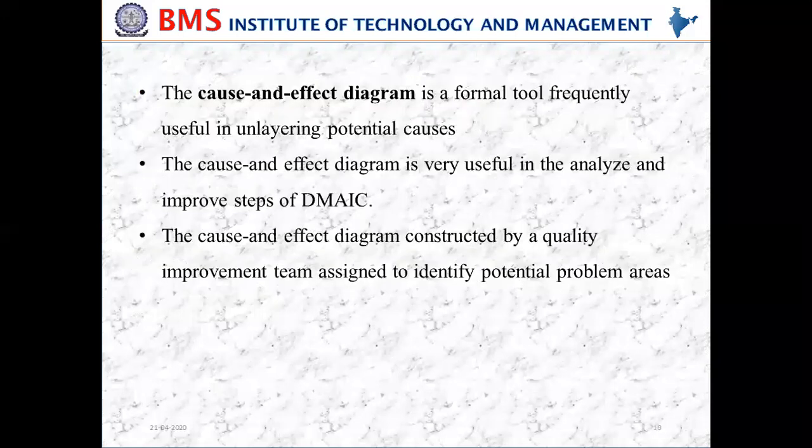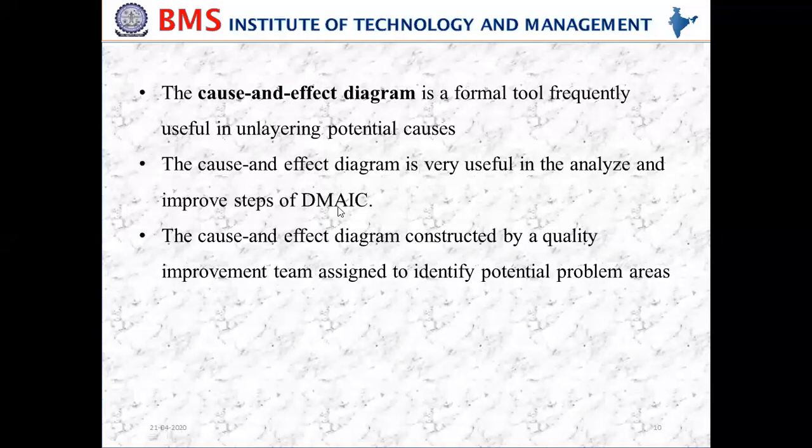The cause and effect diagram is a formal tool frequently useful in unlayering and identifying the potential causes. It is very useful in the analyze and improve steps of DMAIC. That is a Six Sigma methodology. DMAIC is a Six Sigma methodology of define, measure, analyze, improve and control. So in the phases of analyze and improve, we use the cause and effect diagram.